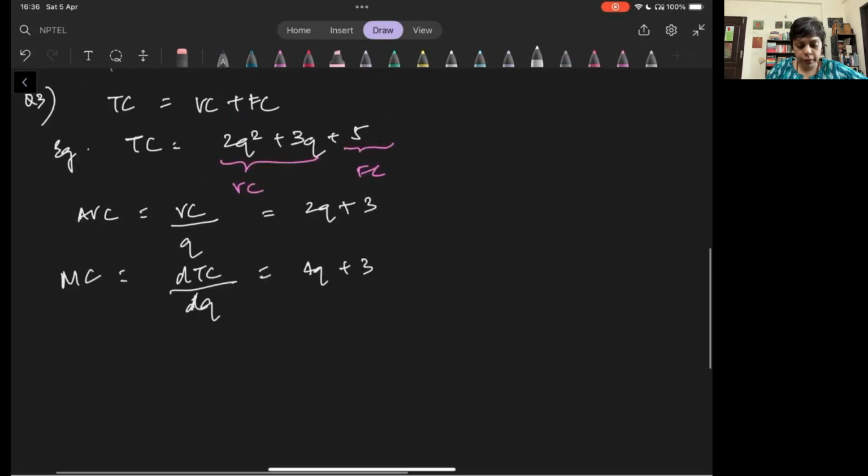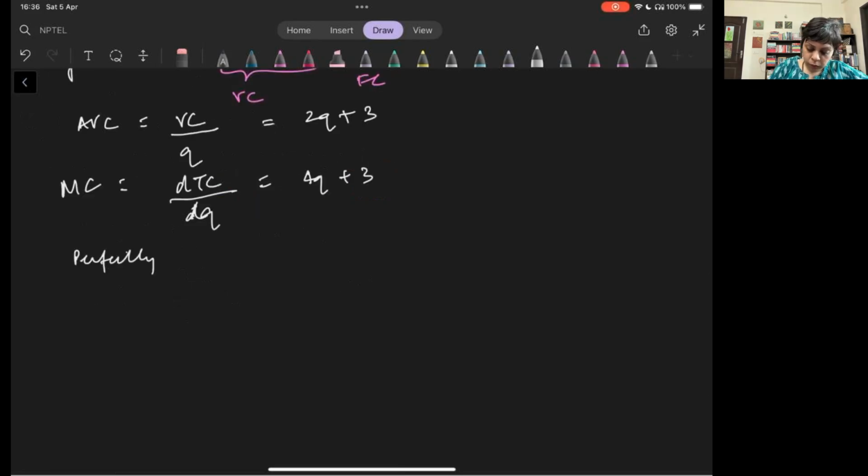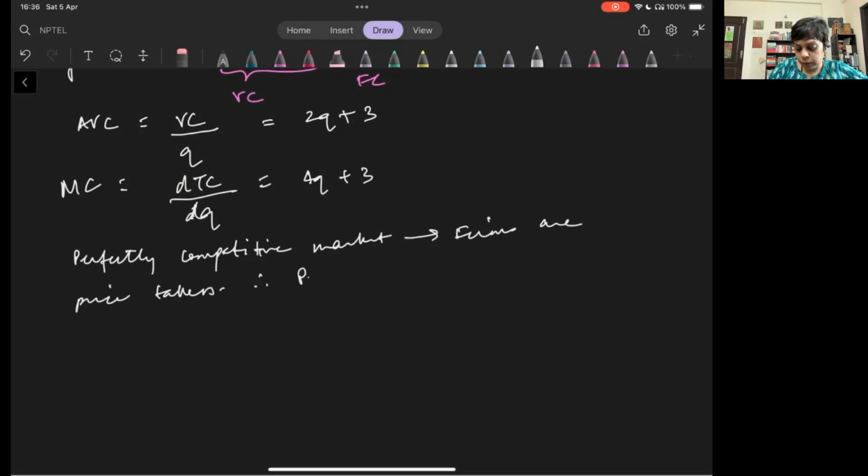I don't think we are using any more terms in a perfectly competitive market. Firms are price takers. Therefore, price is exogenous.